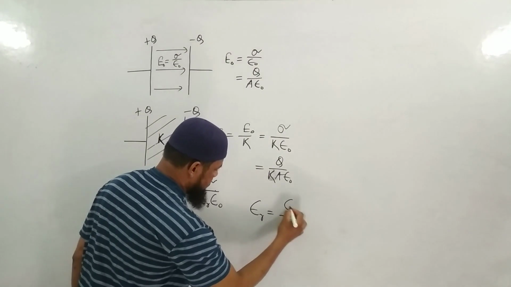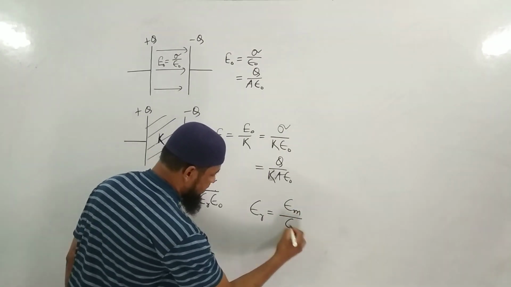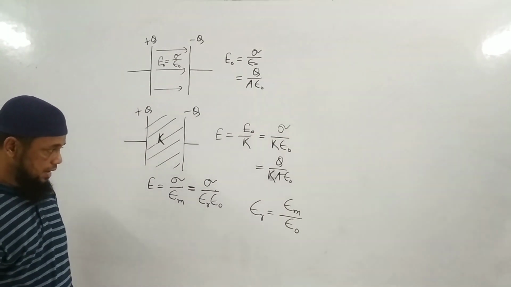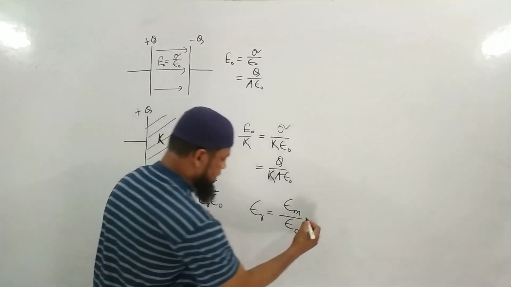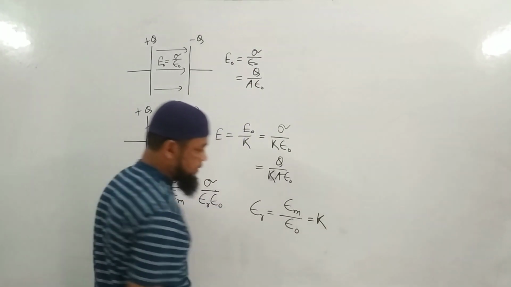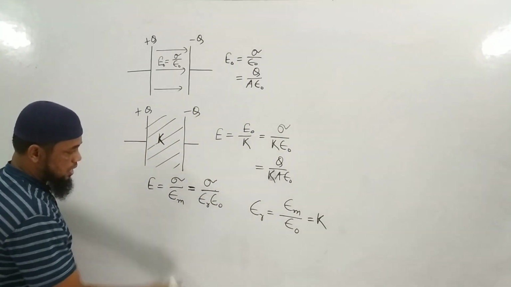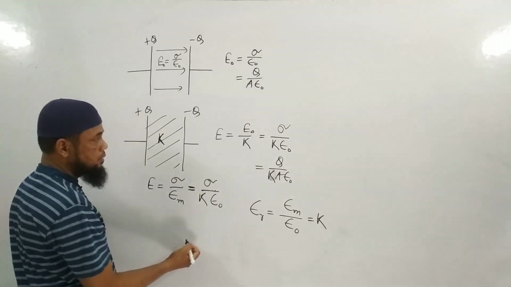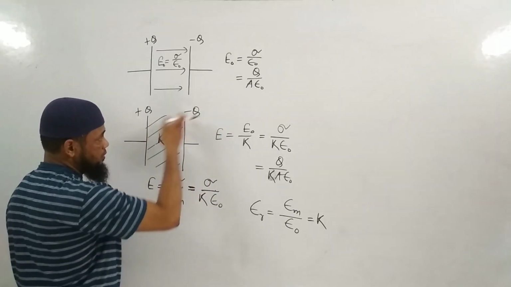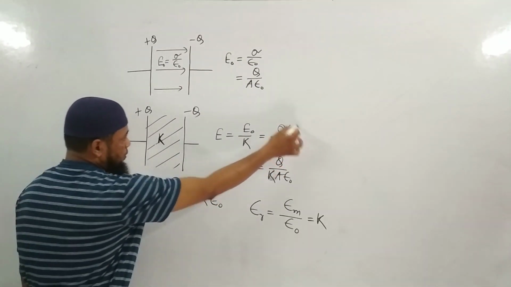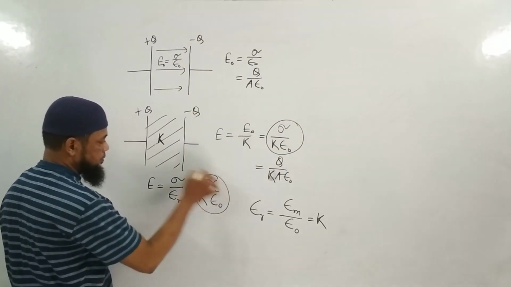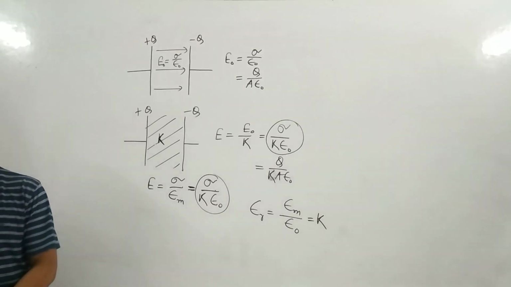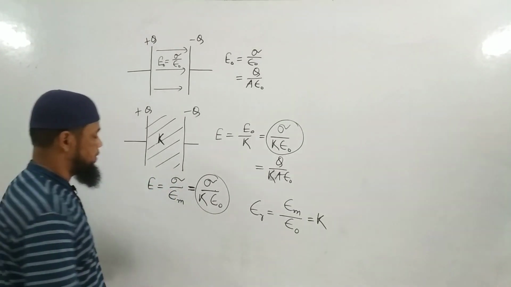Relative permittivity is the permittivity of the medium divided by the permittivity of vacuum, and it is known as the dielectric constant. So this epsilon R we can directly replace by K. Whether you think of it this way or that way, you are going to get the same expression.